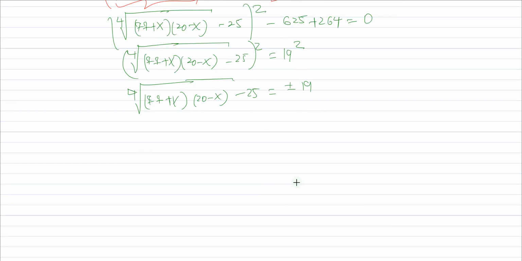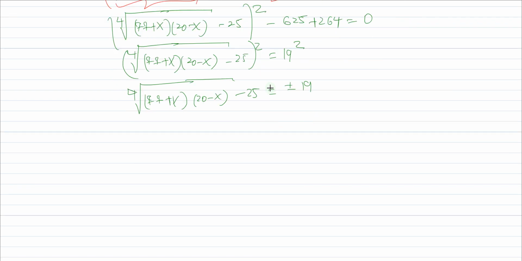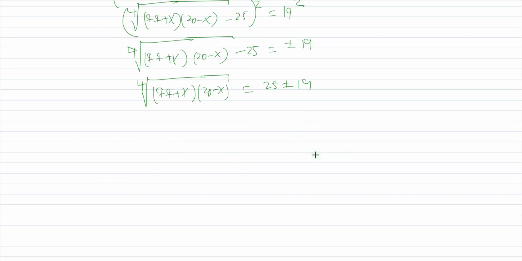Okay? So you can solve this quadratic equation using the method you prefer, but I think this is the easiest way I found. So now we're going to have the fourth root of (77 + x)(20 − x), and here first of all this 25 will come over. This is going to be 25 plus or minus 19. So we're going to have actually two cases.